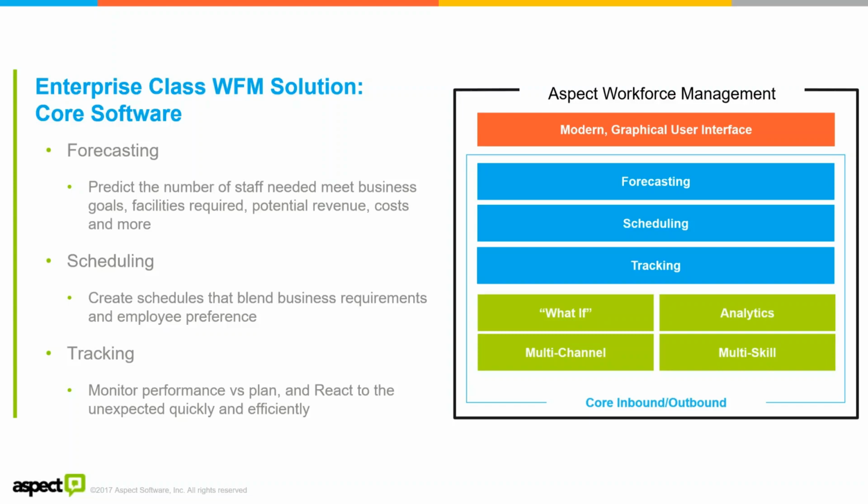All of these are available. And next we have a set of features in the tracking category. Let me see my plan versus what's really happening today and give me that easy understanding of when things are deviating and what I might do to react to that. And all of this is wrapped up in the core package that you can't do without.